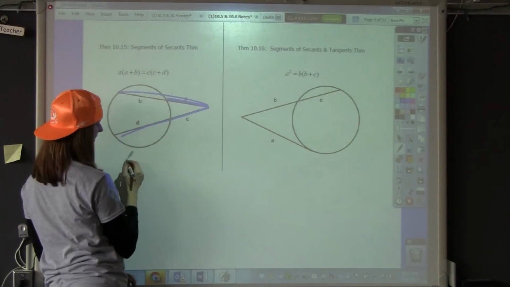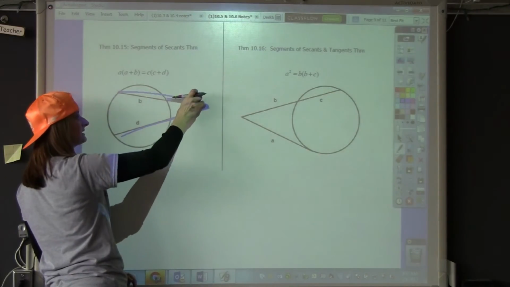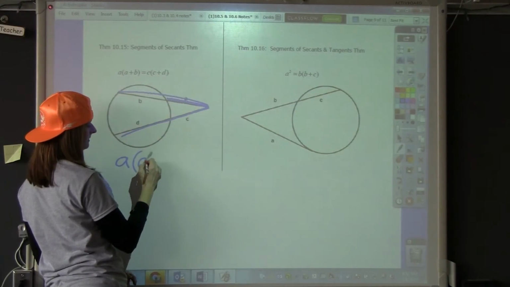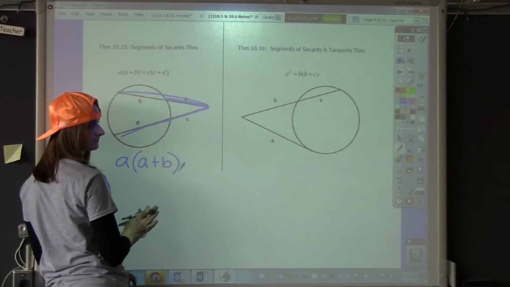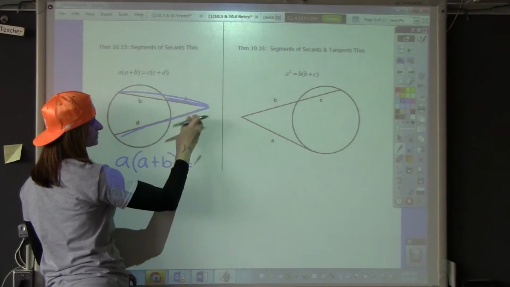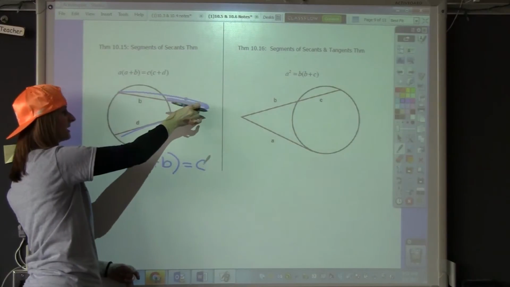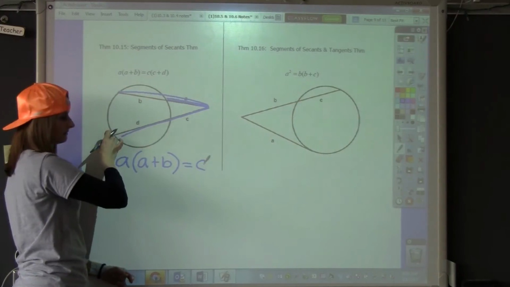So the external part is A times the length of the entire segment is A plus B. That's where the A plus B comes from. Equals external part of the segment is C times the length of the entire segment is C plus D.